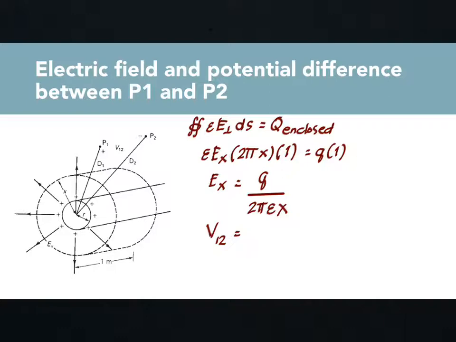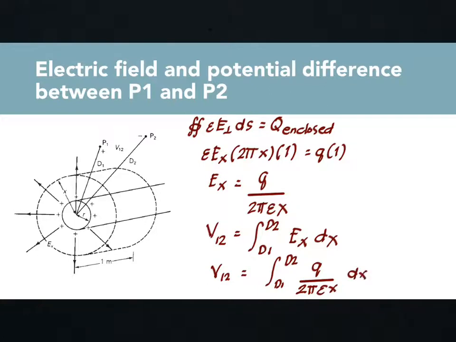So, V12 will be obtained by integrating from D1 to D2 the E of x dx. Since we already have E of x, V12 is the integral from D1 to D2 of Q over 2 pi epsilon x dx.